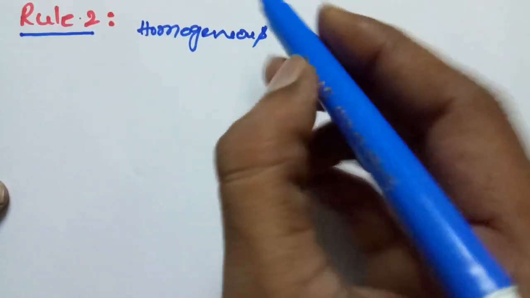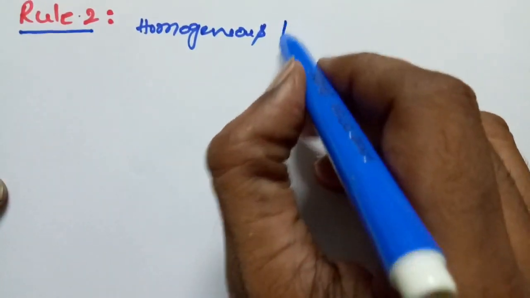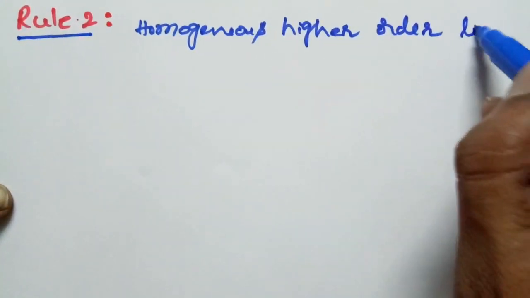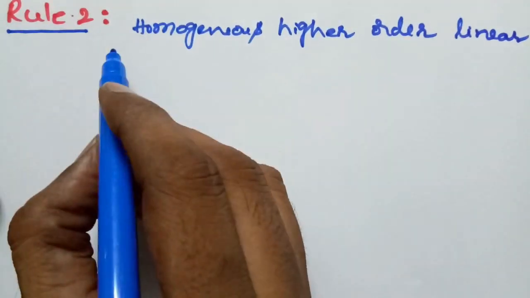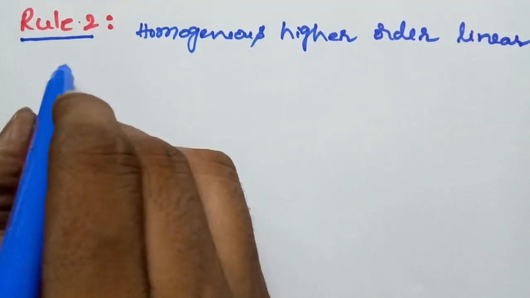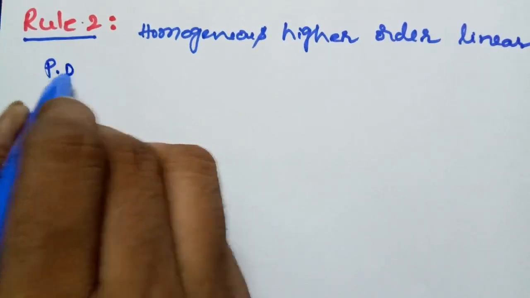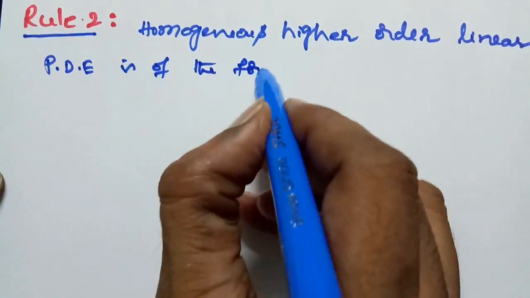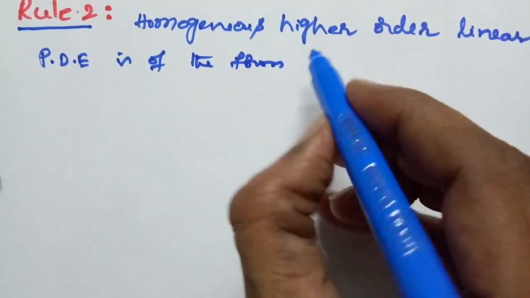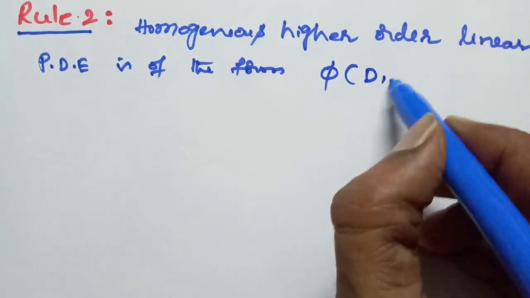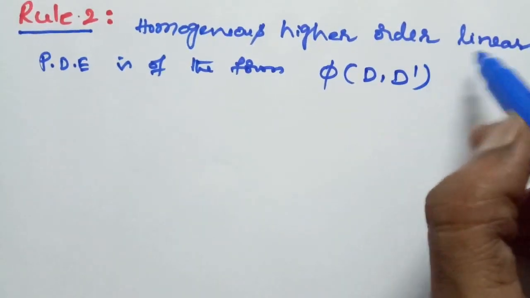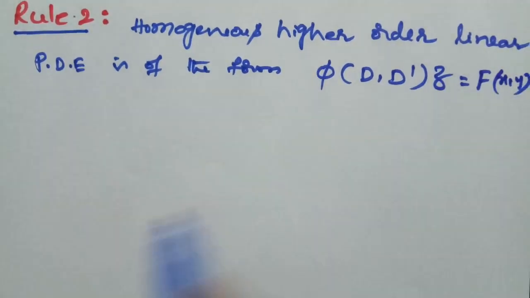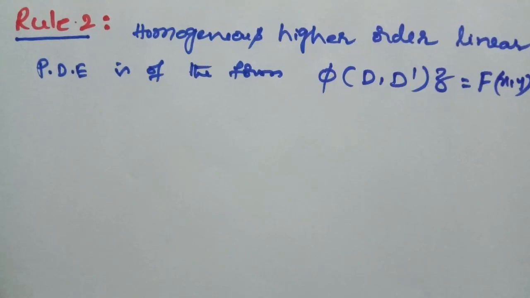A homogeneous higher order linear partial differential equation is of the form phi of D comma D dash into z is equal to capital F of x comma y.